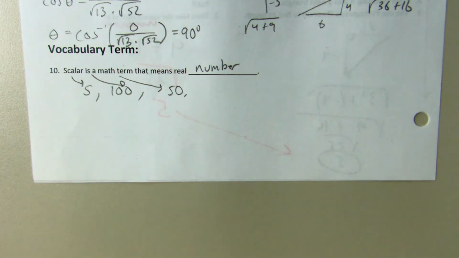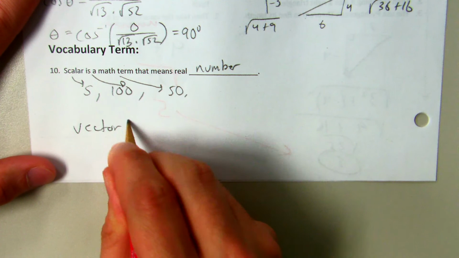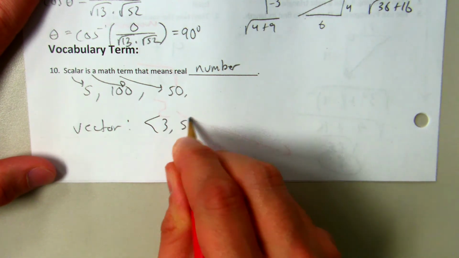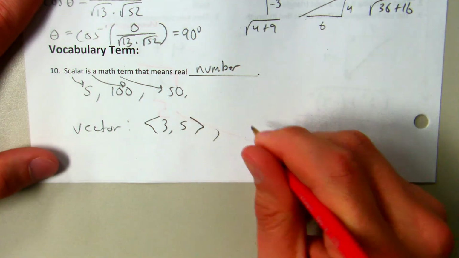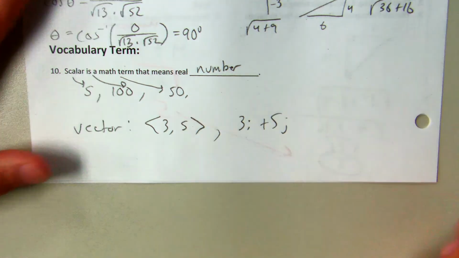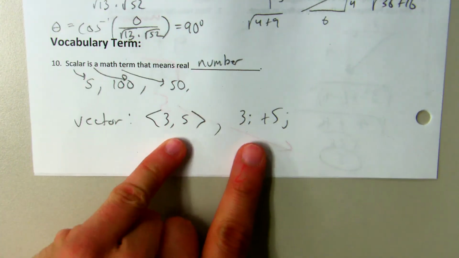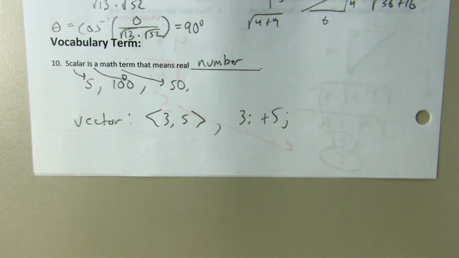It's either going to be a scalar or a vector. Vectors look like vectors. Scalar just means real numbers. You need to tell the difference.